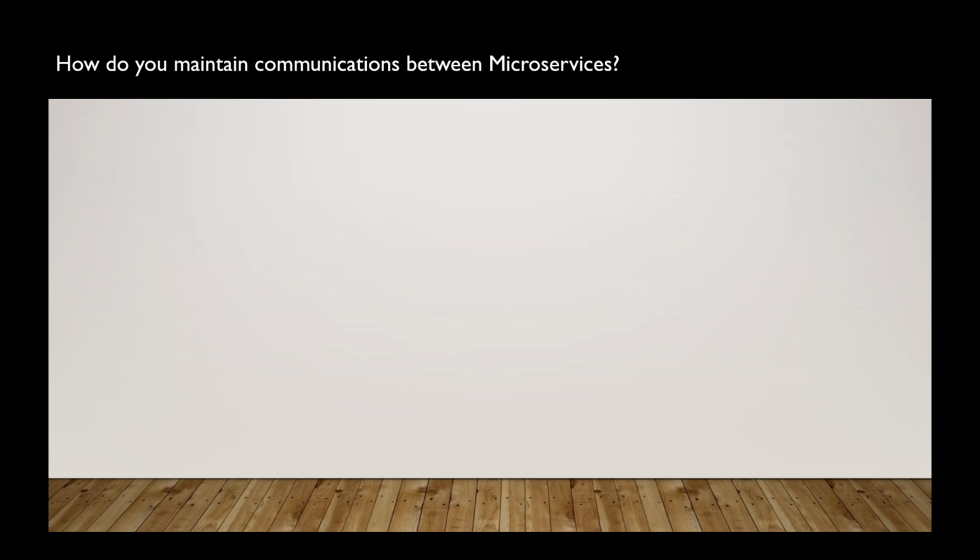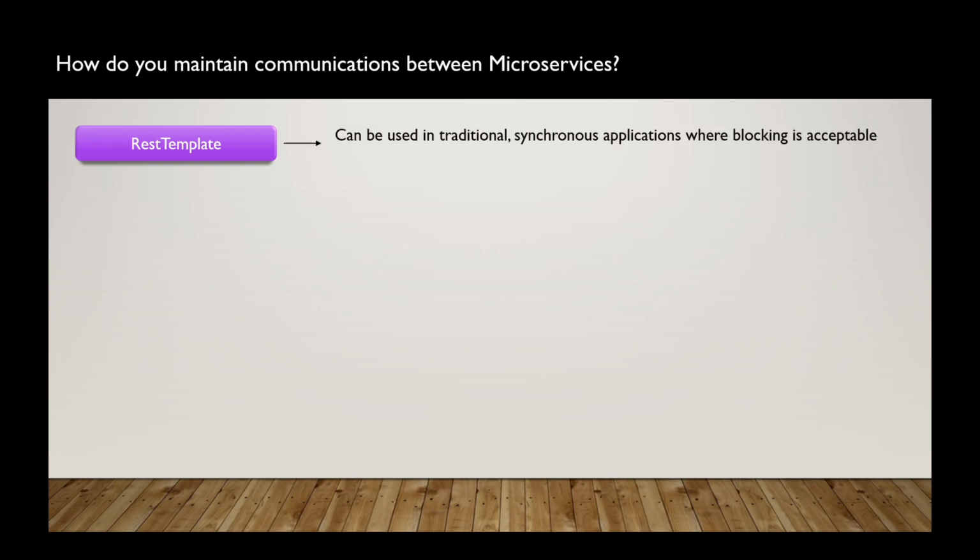Coming to the next question, how do you maintain communication between microservices? Here we can maintain communication in three different ways. We can go with RestTemplate. If you are already using RestTemplate in your old applications, then you can continue using it.